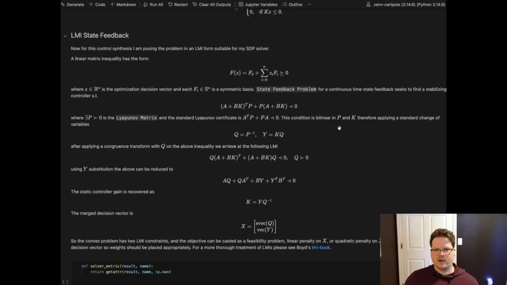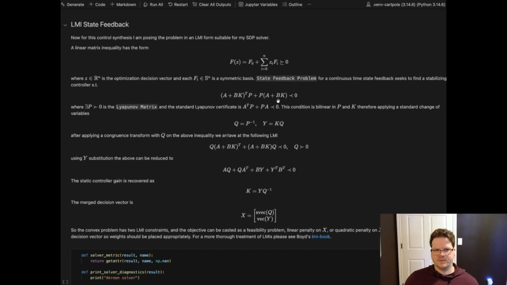So the state feedback problem for the continuous time feedback is basically finding a suitable controller that satisfies Lyapunov stability. Like if you were to get rid of this BK with the autonomous system, I have it right here. So there exists this P matrix, the Lyapunov matrix, and the standard Lyapunov certificate, A transpose P plus P A less than 0. So strictly, it'd be negative definite.